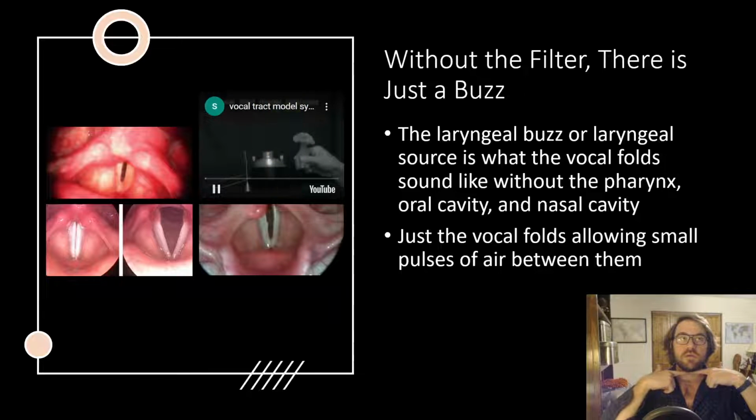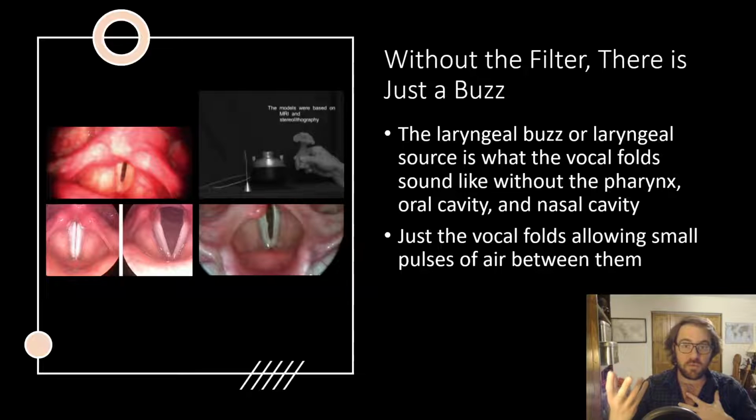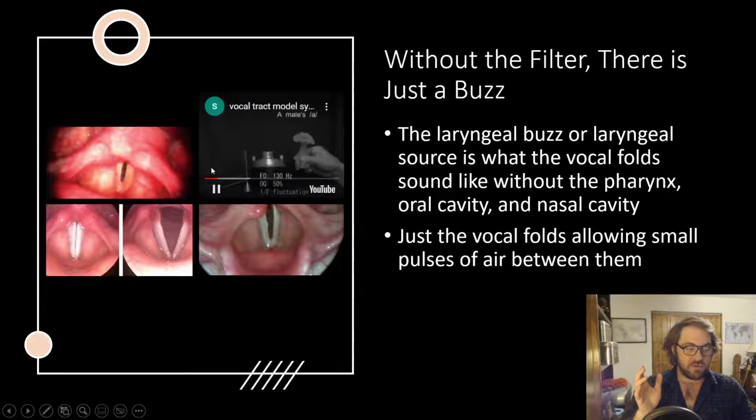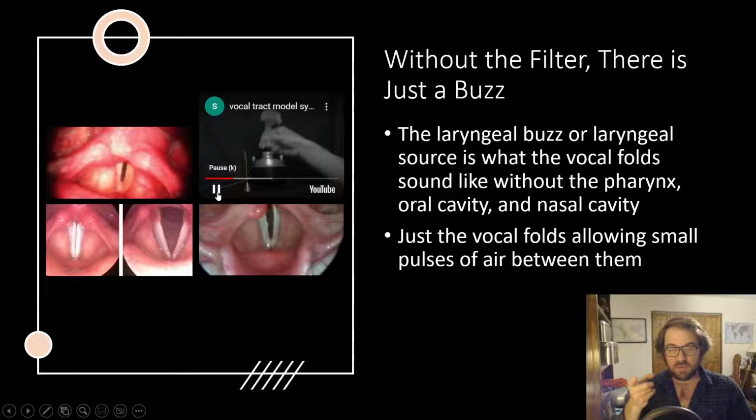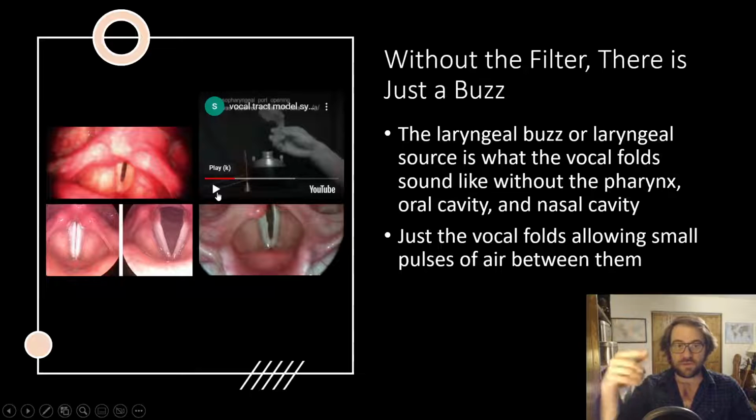So if you cut about right here on a person and just listen to what happened, it's just a buzzing sound that sounds pretty much like what's happening in this video. Now, I'm going to have a link to this so you can watch this on your own, because actually what's happening right now is I didn't route the sound from my computer into the video, so I can hear it, but you can't.